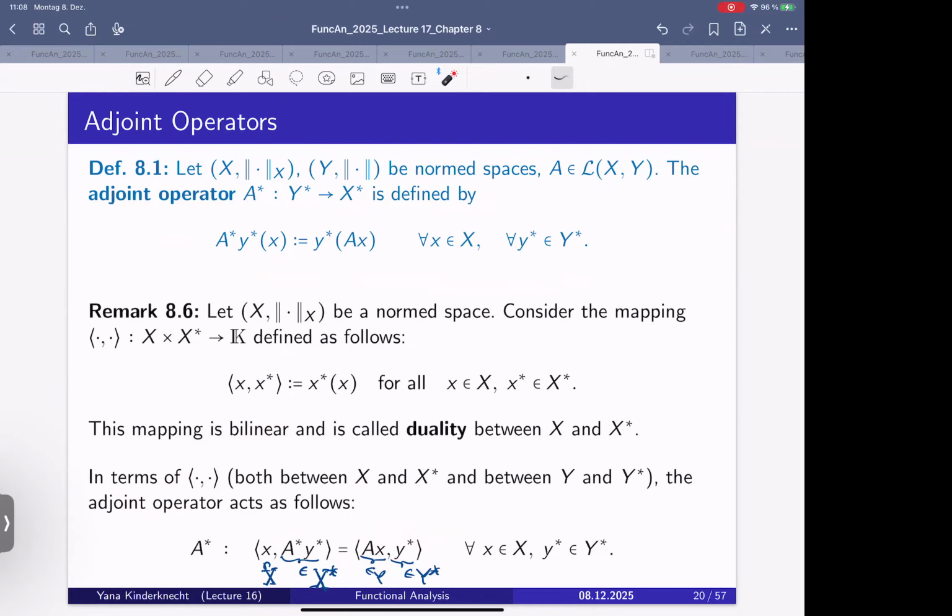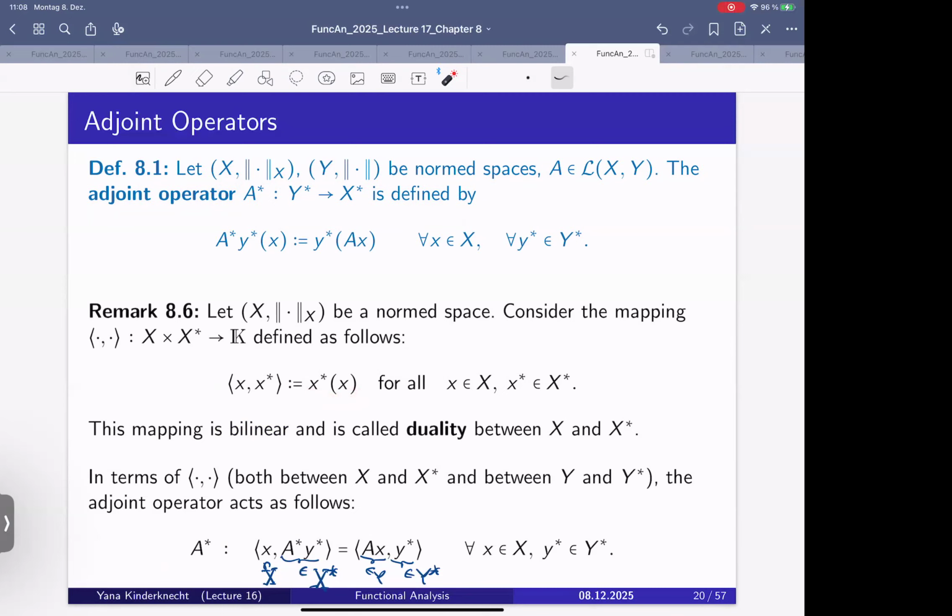Okay, so of course, in the special case, if x is equal to y, and they are not only norm spaces, but they are Hilbert spaces, then we know how a linear functional acts on a vector due to this isometry.